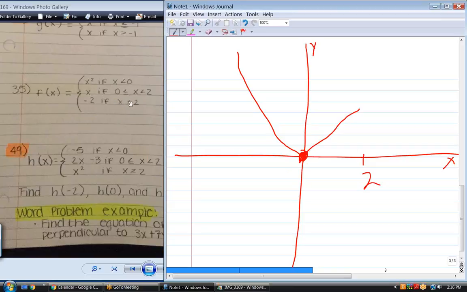That is greater than or equal to 2? Yeah. What goes on the right side of that middle piece, incidentally? Open or closed? That would be open. Correct. And that's at 2 because y equals x.